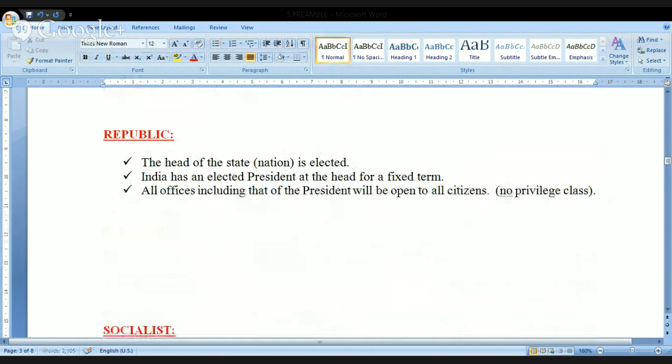India is a republic, and we have seen India became republic on January 26th, 1950. And I told you yesterday also, while I am using the word republic. When I use the word republic here, it is nothing but the head of the nation.